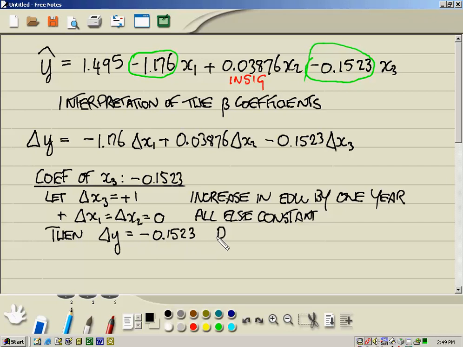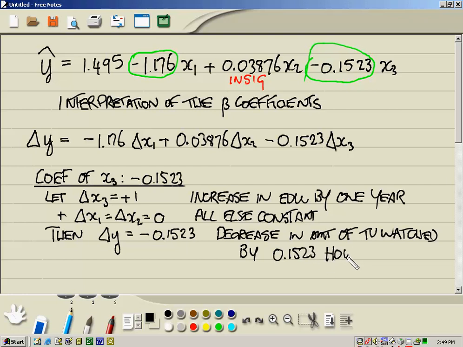So this is a decrease in the amount of TV watched by 0.1523 hours.